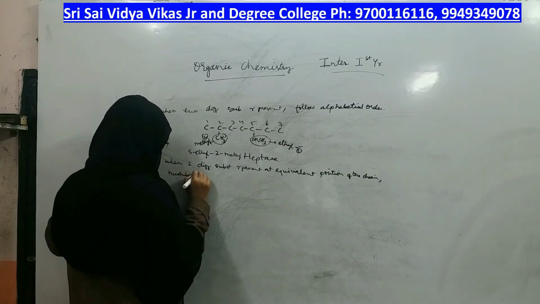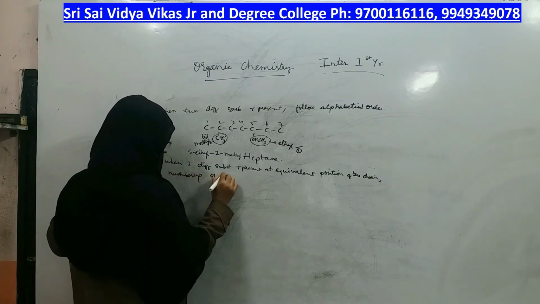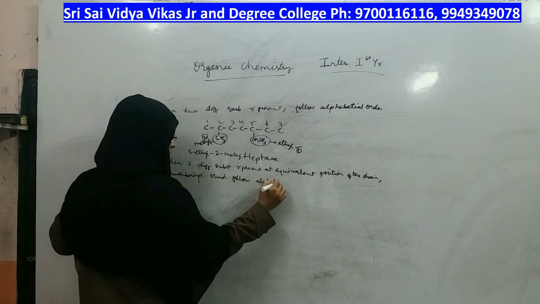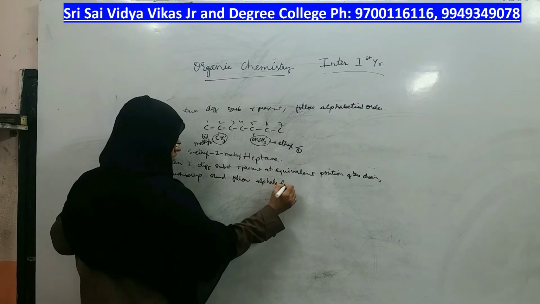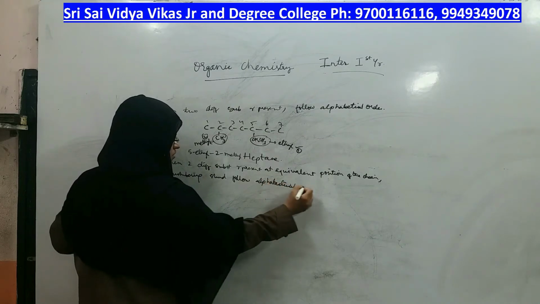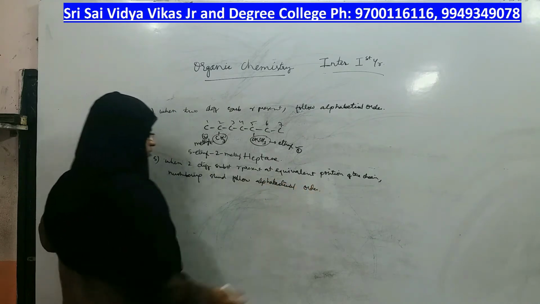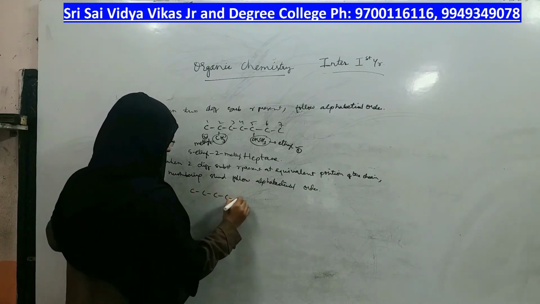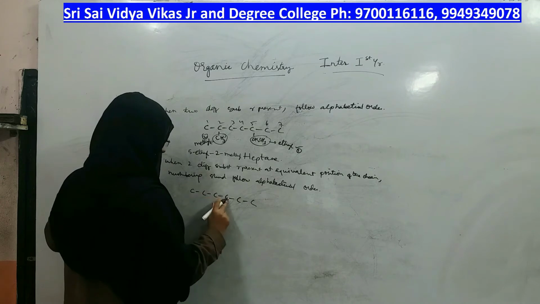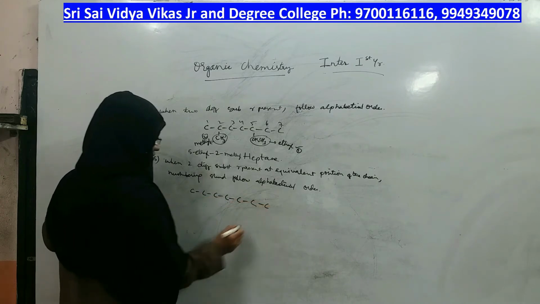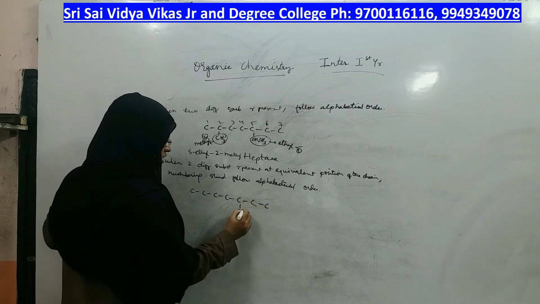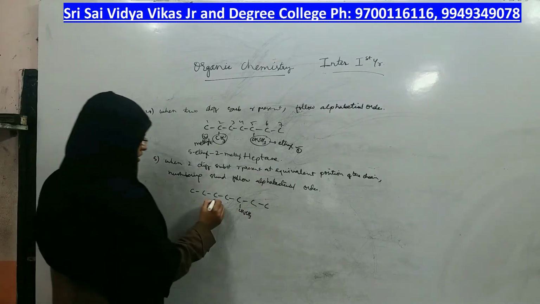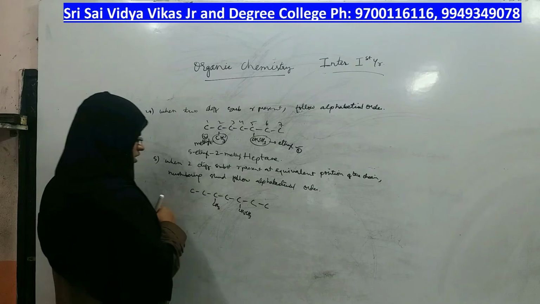Numbering should follow alphabetical order. How? Let me take a compound, in which I will take an ethyl group here and a methyl group here.